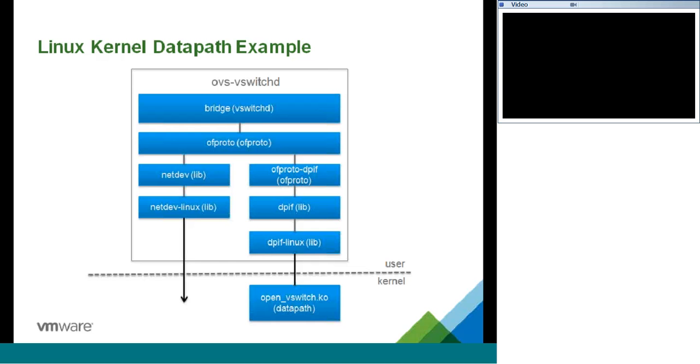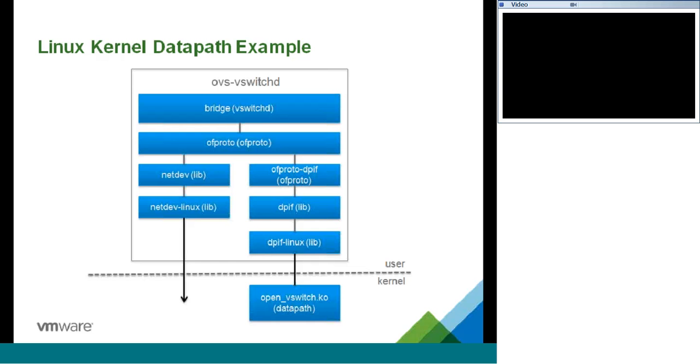The way the BSD port works is that there's a NetDev BSD that communicates with the network devices on BSD, and then we have another data path, DPIF NetDev, which is a user space data path. So rather than having a kernel module that does the forwarding, you have a user space data path.